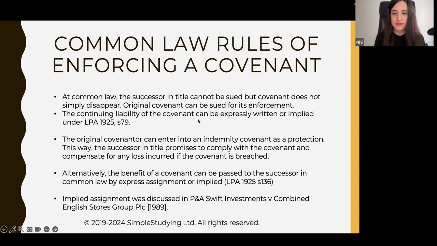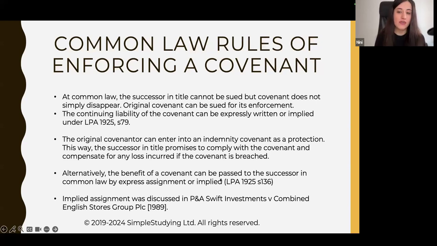For example, the original covenantor can enter into an indemnity covenant as a protection. This can be signed between the new owner and the previous owner, the successor in title and the original covenantor. Those are the legal terms. The successor in title promises to comply with the covenant and compensate for any breach of the covenant.